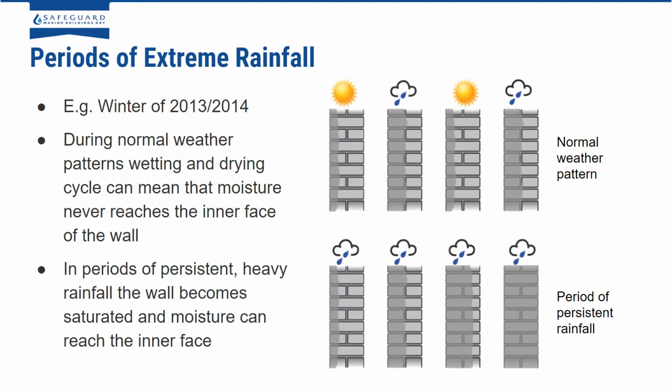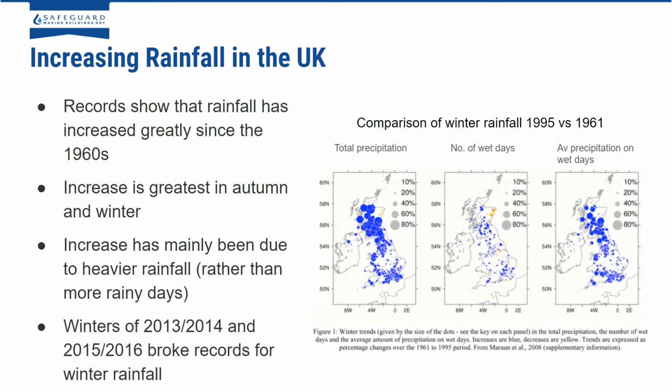But during 2013-14, due to the high rain, it eventually started to saturate walls throughout the country due to the reduced drying. This, especially for solid wall properties, was very common until eventually the inner face of the wall started to show dampness. And this became quite a concern, especially in the north.